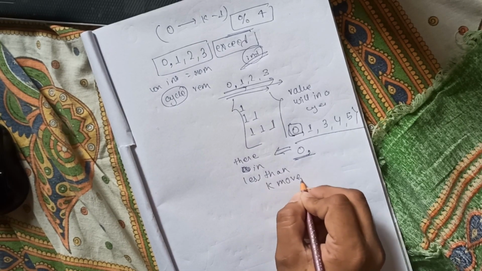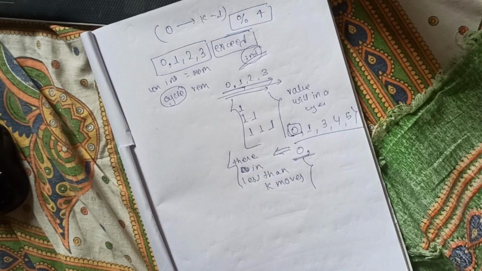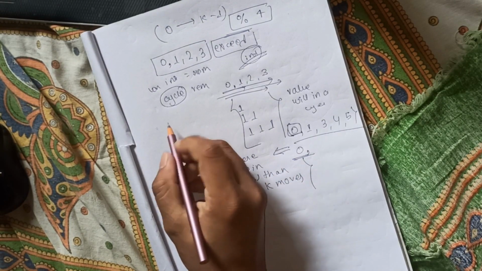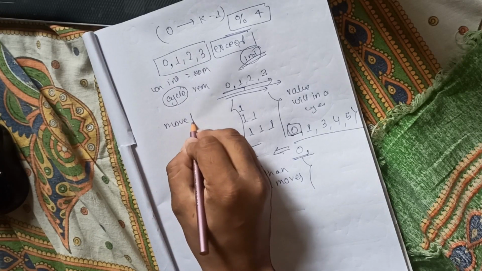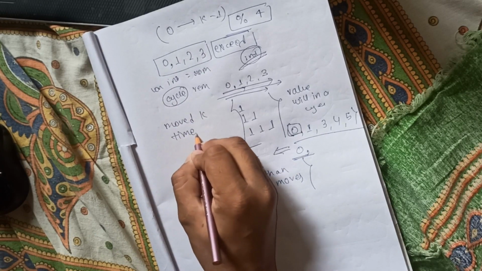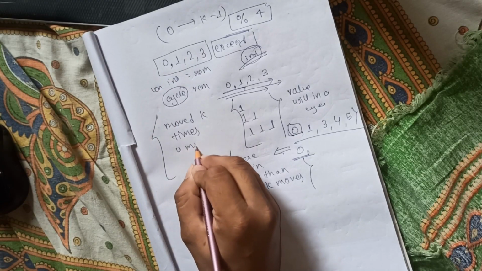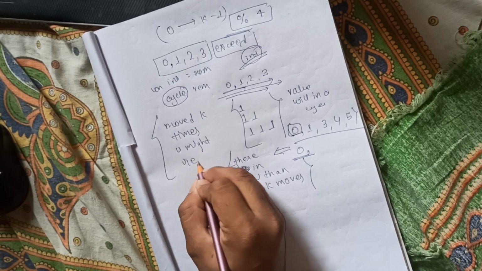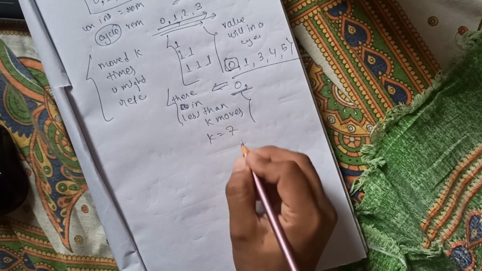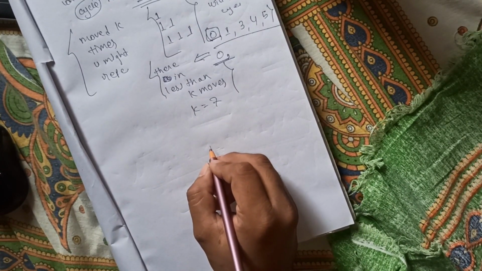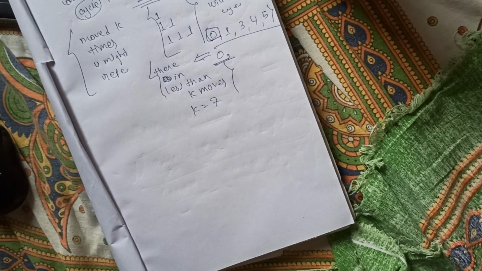What I mean is, if you have moved k times, then you might have repeated a value. For instance, let's take k equal to 7.